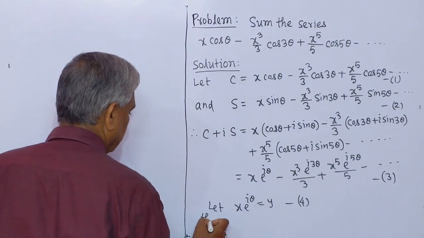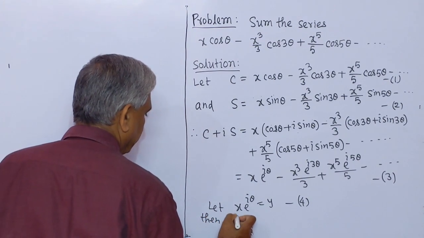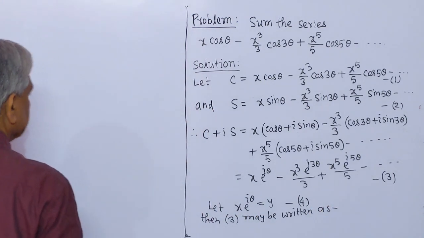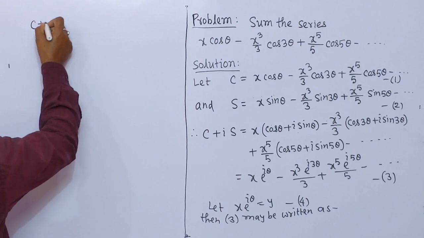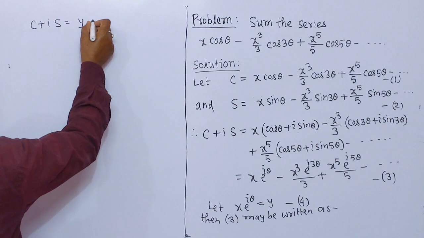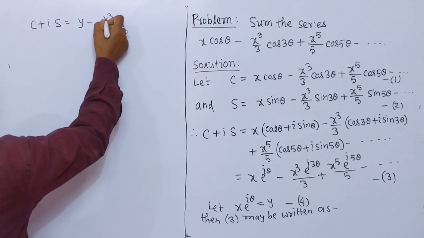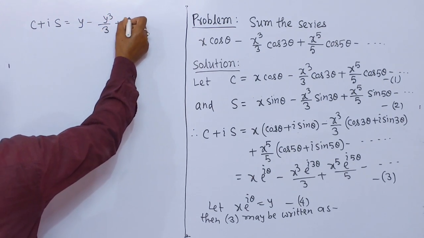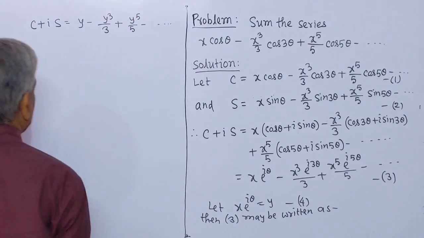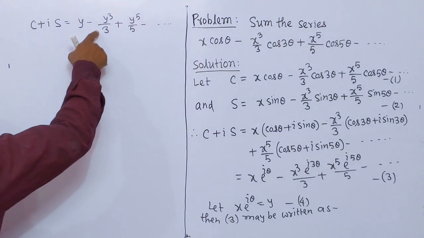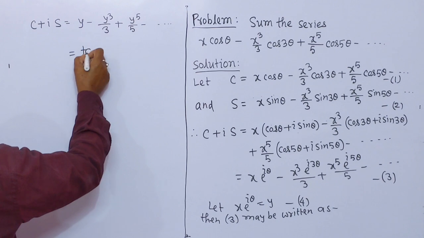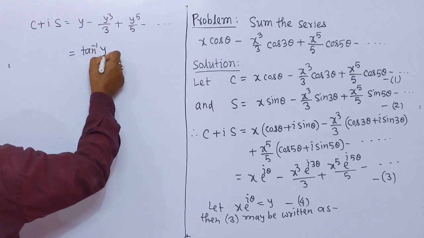Then 3 may be written as C plus iS equal to y minus y cube by 3 plus y to the power 5 by 5 minus dot dot dot, and this is the Gregory series, that is, this is tan inverse y.